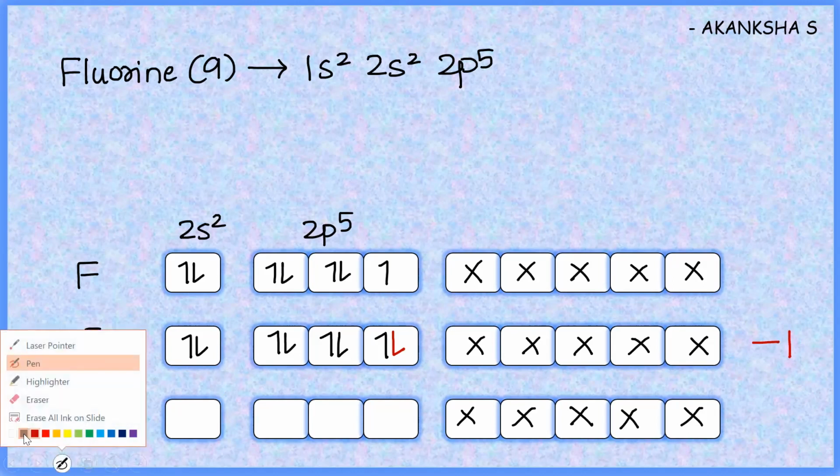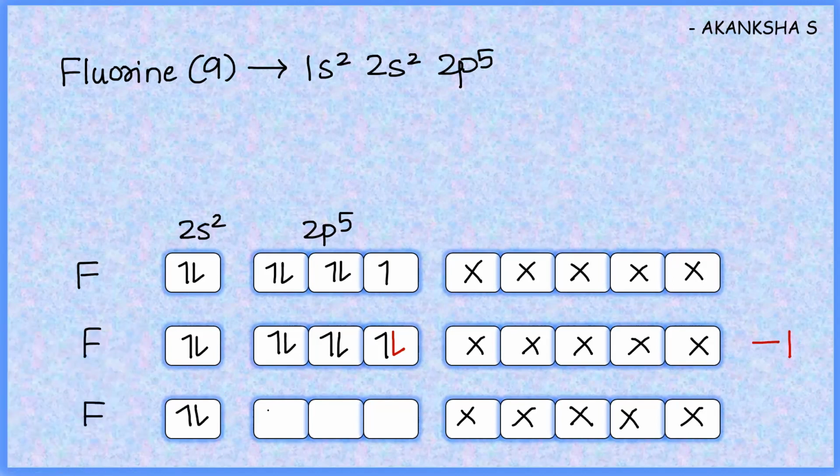What else can be a possible idea? What if that one unpaired electron leaves? If that electron leaves, it becomes +1. So you can see fluorine has only two oxidation states, -1 and +1.